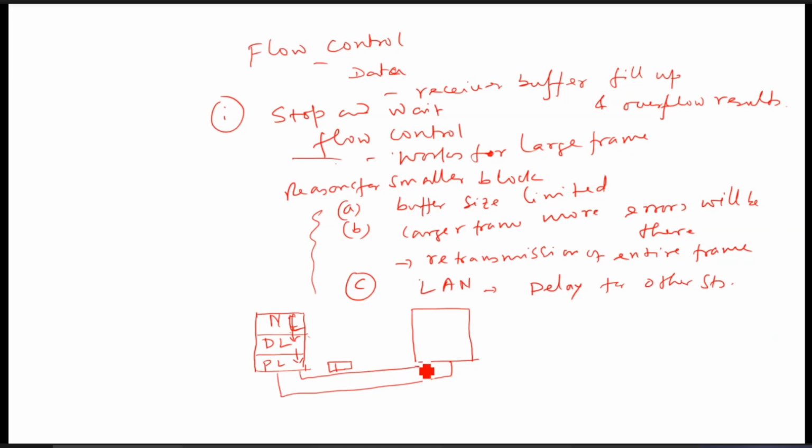Here also there will be a physical layer, next the data link layer, next the network layer. The same way, first it will be received in the physical layer, then go to the data link layer, then to the network layer. The reverse process also will be there, the same for full duplex or bidirectional operations.